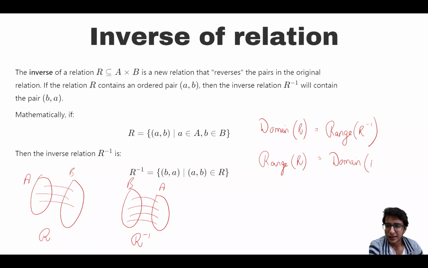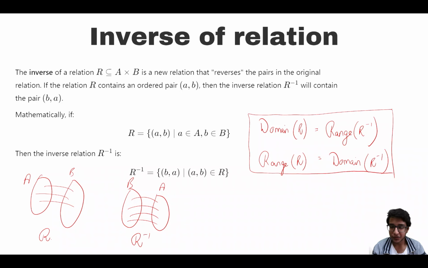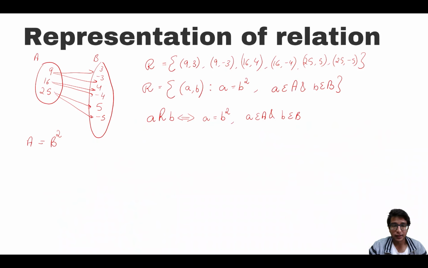Now again, this simply has a proof which you yourself can do by taking any example of a relation. Let's take this example only, for instance. Here, now what if I map B to A? Of course, my domain would change. My domain would now be 3, -3, 4, -4, 5, -5, right?